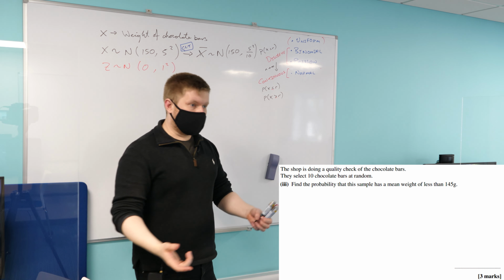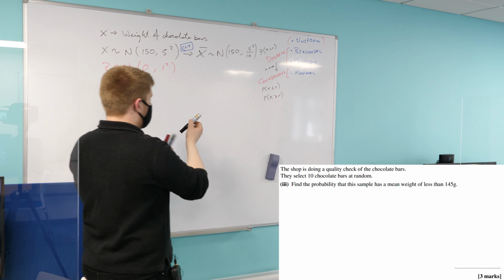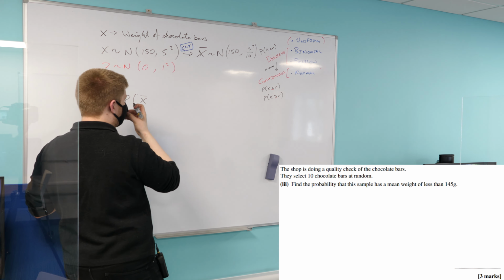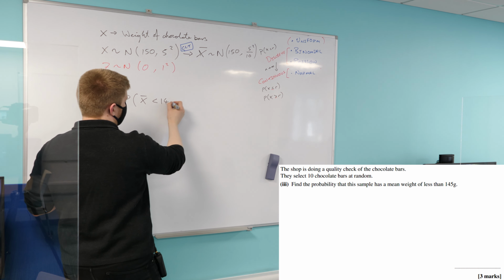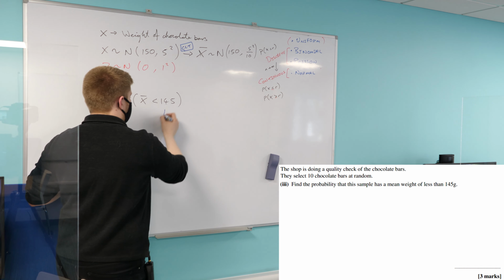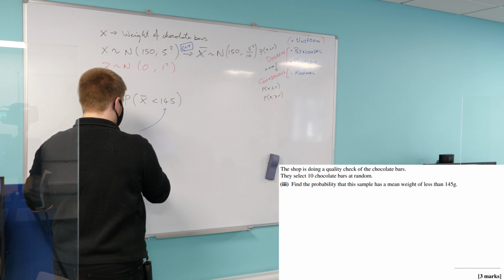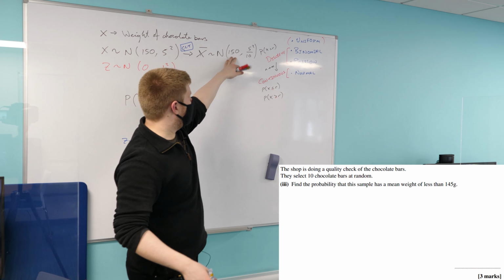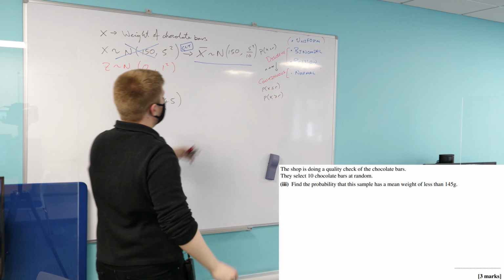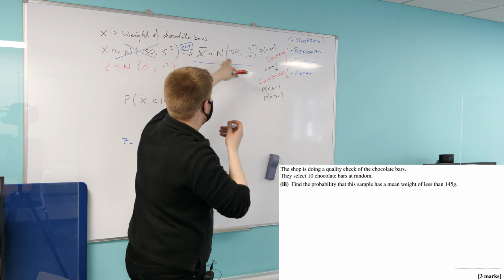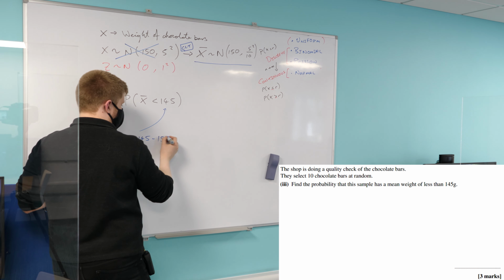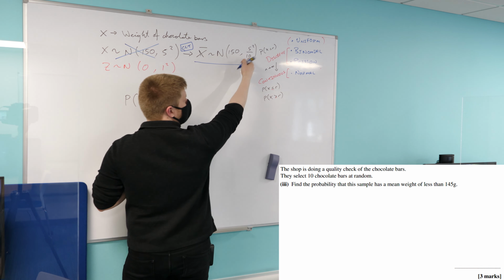So now I'm looking for the probability that this distribution has a mean weight of less than 145. So what's the probability that x bar, the mean weight of these 10 chocolate bars, is less than 145? I'm going to do exactly the same process as before. So z will be equal to, well, I'm using this distribution now, so I can basically ignore the old distribution. I'm taking the 145, taking away the mean, and dividing by the standard deviation.